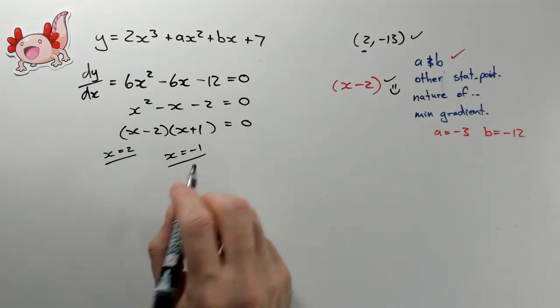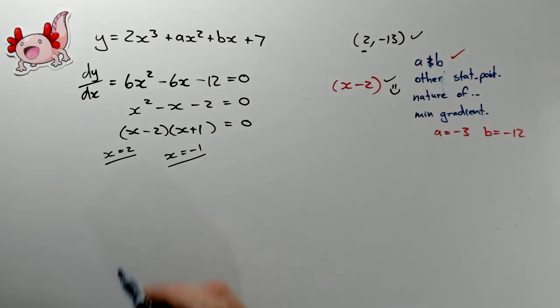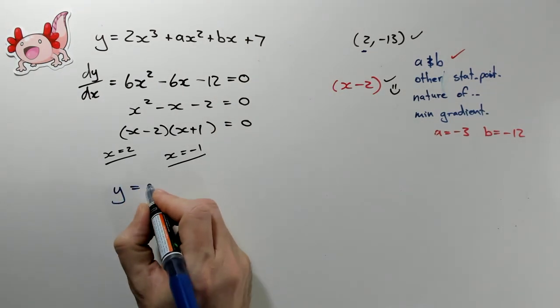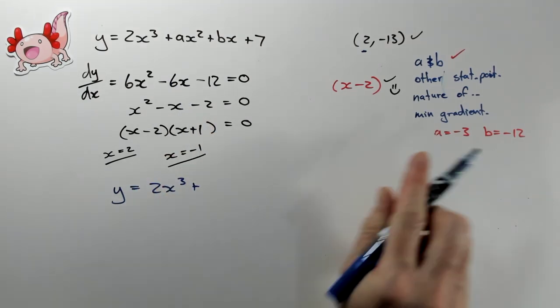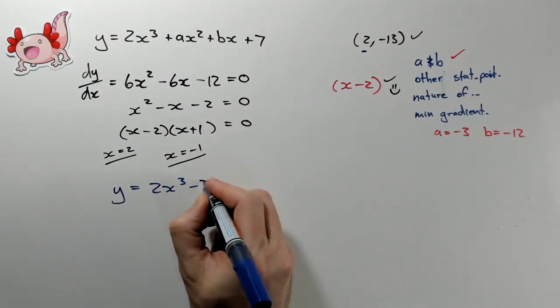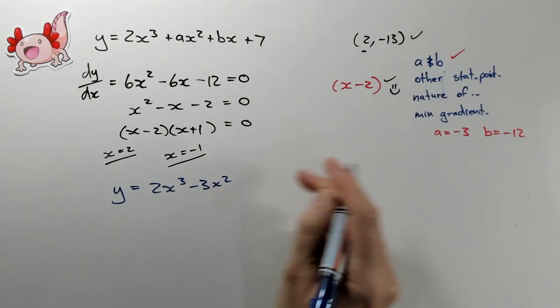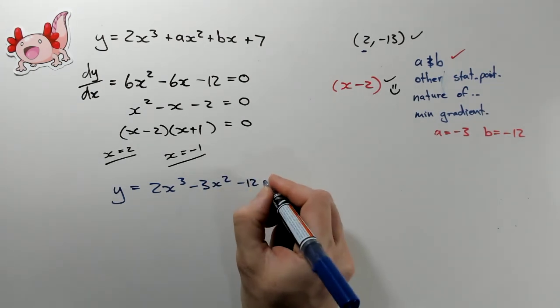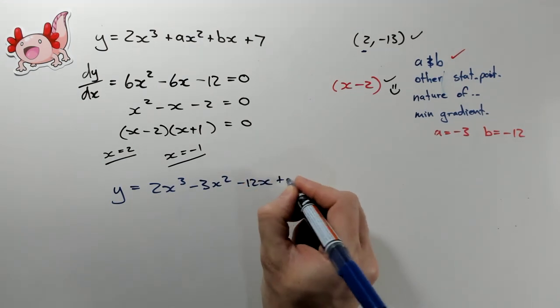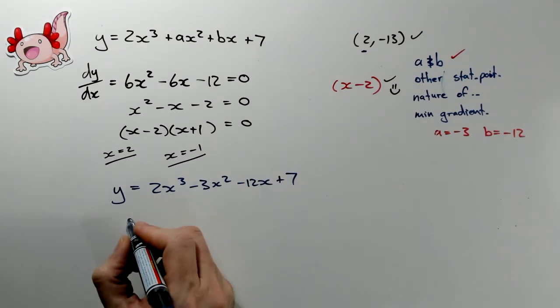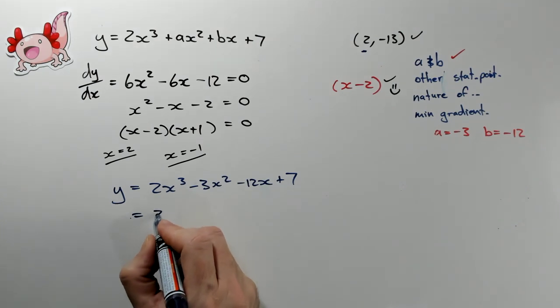But we have to rewrite that function first with all our new variables inside. So 2x to the power of 3. a was -3, so we'll just do -3x squared, and then -12b, not b, we already put in the b, and +7, and now we can just substitute -1 everywhere.